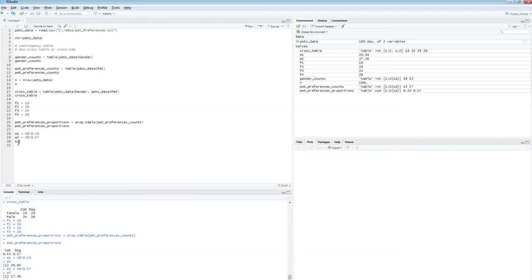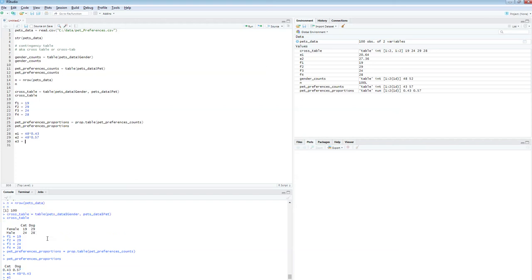Okay. Now let's switch our attention to expected frequency 3, right? E3 corresponds to males that like cats, right? The actual frequency F3, males who like cats, was 24. What would be the expected one? If the pet preferences, cats versus dogs, and the gender male-female are truly independent, then this same exact breakdown for cat lovers and dog lovers would exist among males and females alike, right?